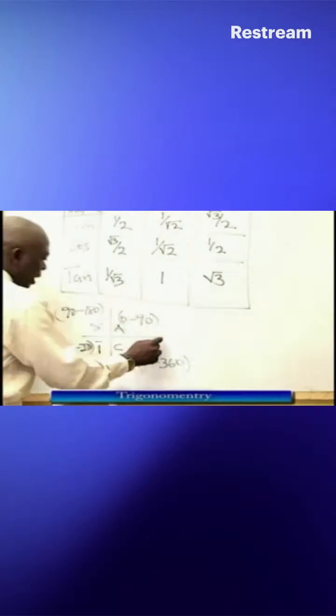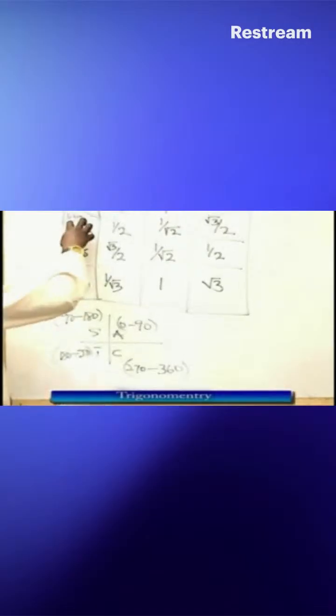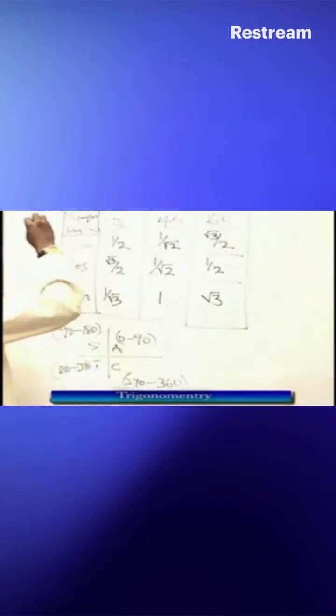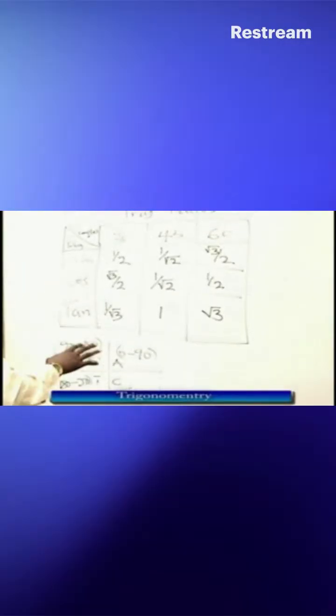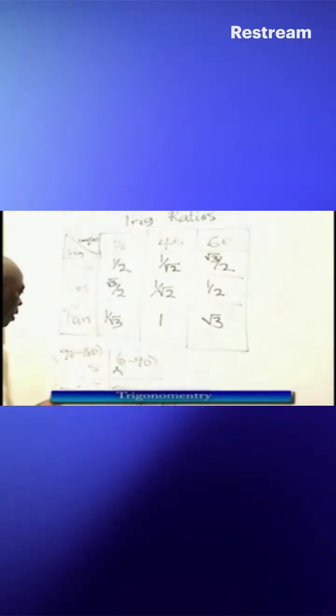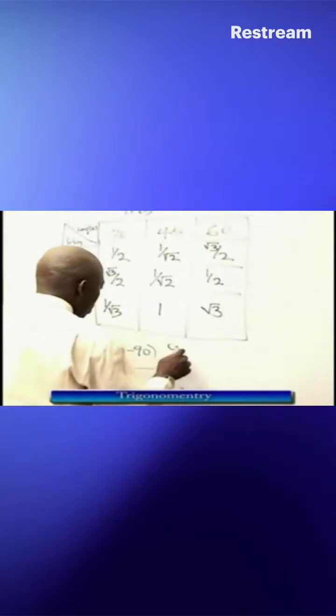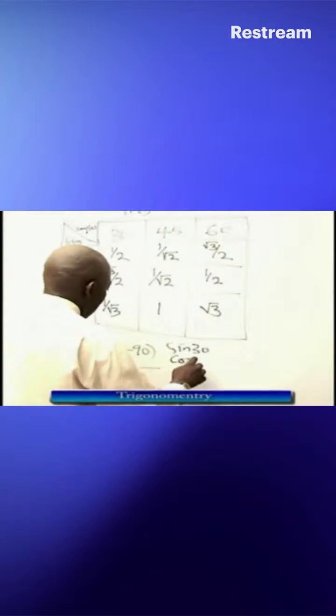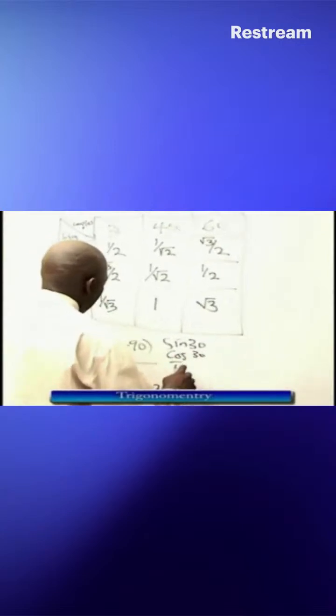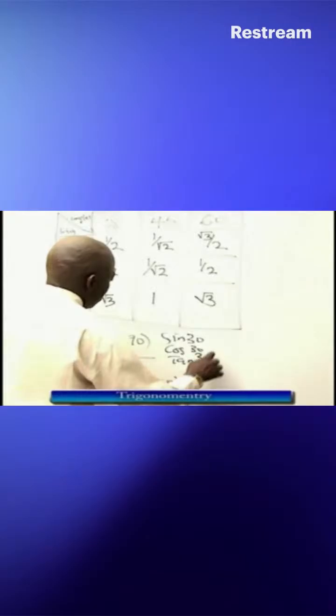From 0 to 90, in this quadrant, all these trig ratios, sine, cosine, and tangent, the 3 of them are positive. Meaning, if you look for sine 30, it is positive, cos 30 is positive, tan 30 is positive.